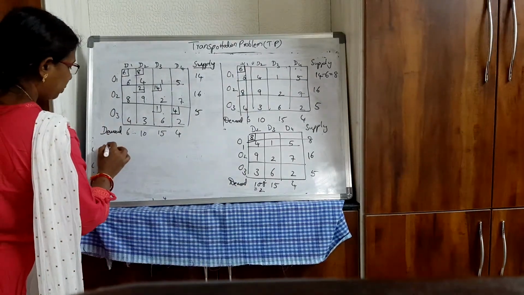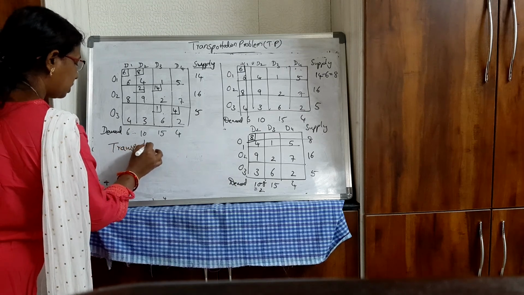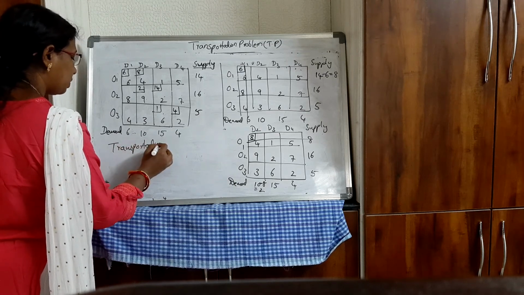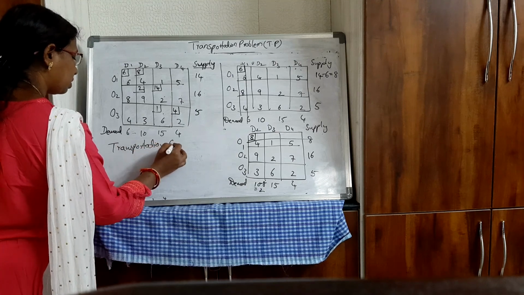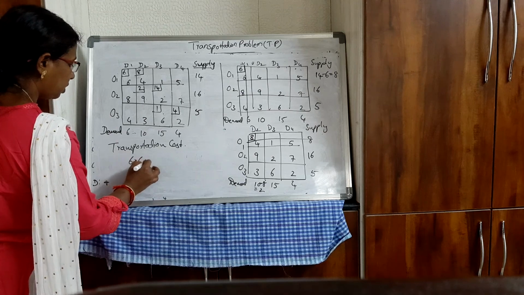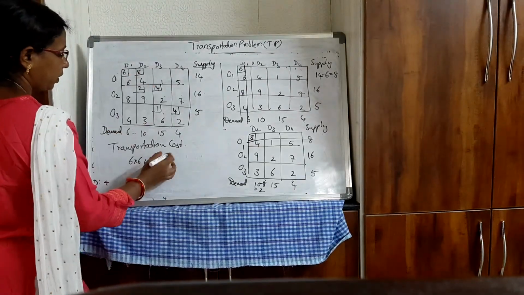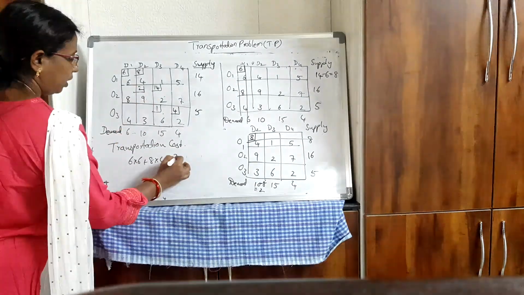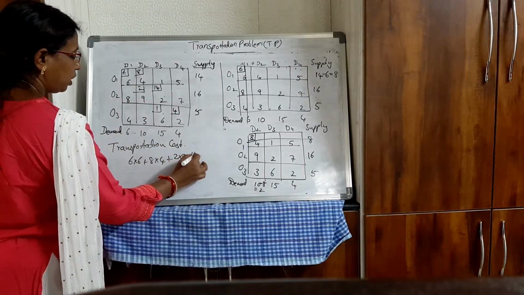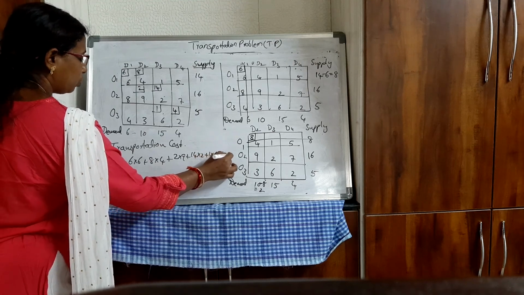So what will be the transportation cost now? It is not the optimum cost, we are just finding the basic feasible solution cost. So transportation cost will be 6 into 6 plus 8 into 4 plus 2 into 9 plus 14 into 2 plus 1 into 6 plus 4 into 2.